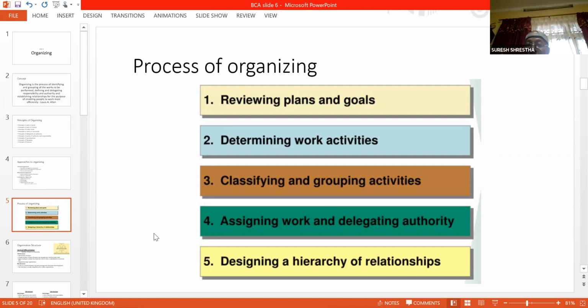प्लानिङ मा, त्यो प्लानिङ, त्यो गोल्स अगाडि राखिसकेपछि then you decide what are the different activities that you have to carry out.